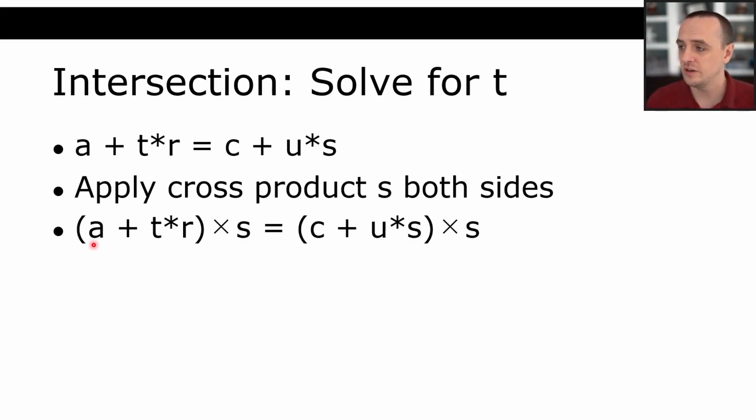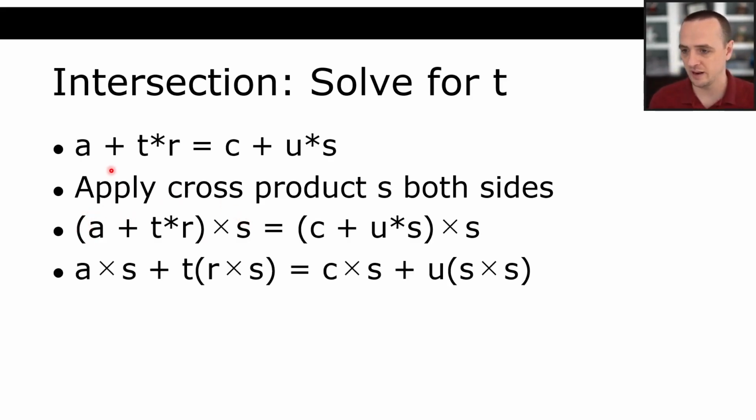So now we use that second property, where we expand it, and now we get this. We have A cross S plus T times R cross S. T is a scalar, so it can be pulled outside. It's just a scalar value. That is equal to C cross S plus U, which can be pulled outside because it's just a scalar, times S cross S. But look at this.